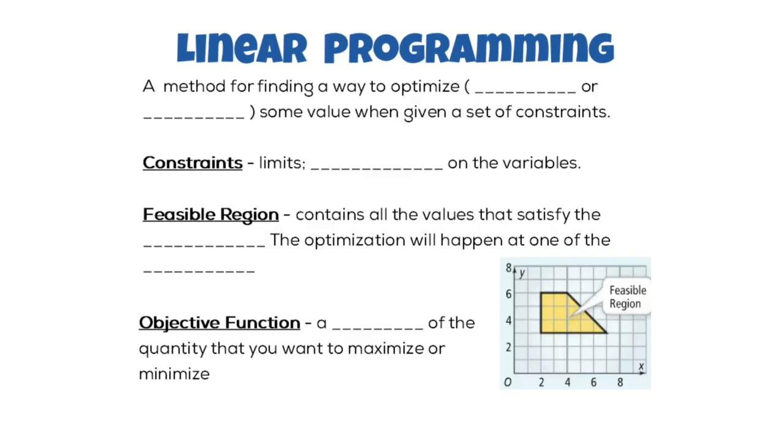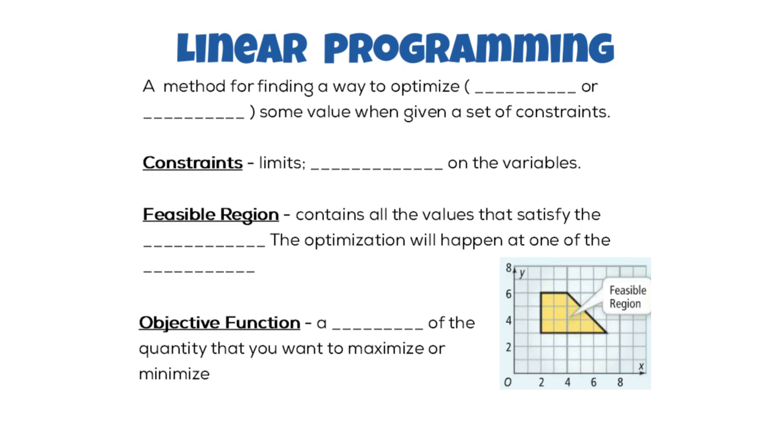Now, I spent quite a bit of time reviewing how to graph those inequalities so that our linear programming could go quickly and we could focus not on the graphing so much, but on writing some of the equations. So linear programming is a method for finding a way to optimize.